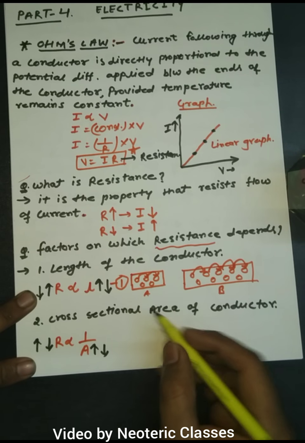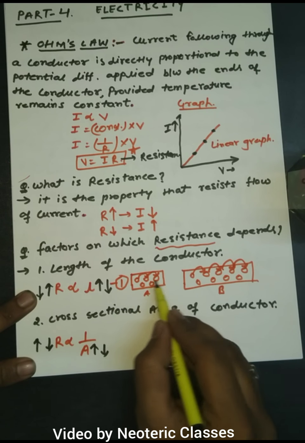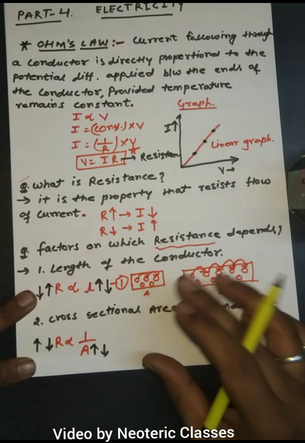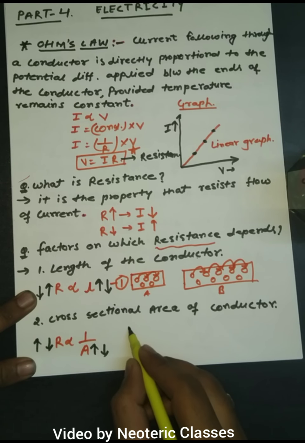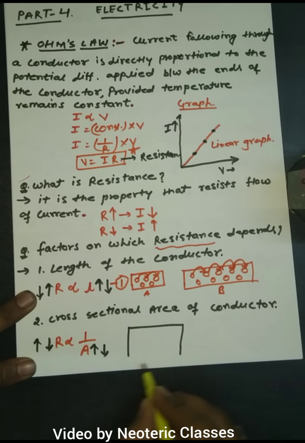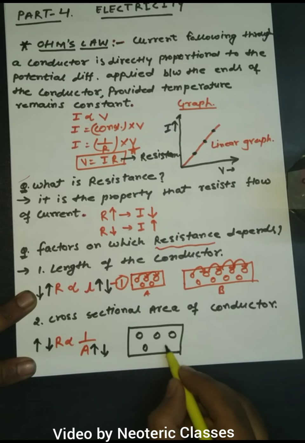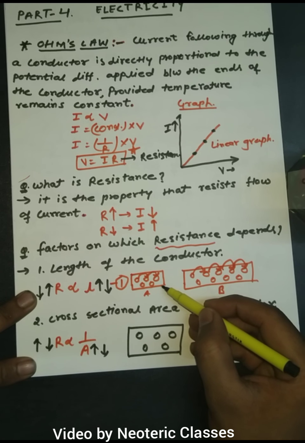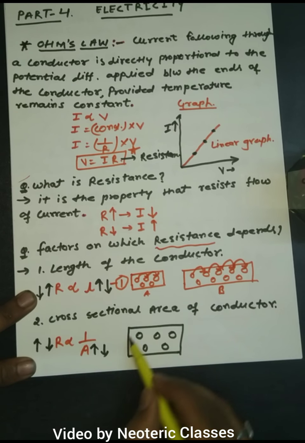This is the example of a solid. Again, what I am doing is, with the same number of atoms, I am going to increase the width. That is only the cross-sectional area. So if I increase the width like this, and this also has the same 5 atoms, you can clearly observe that as compared to condition A, here there is more space to move the free electron from one atom to another atom.